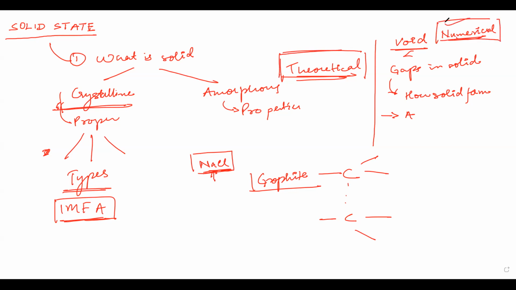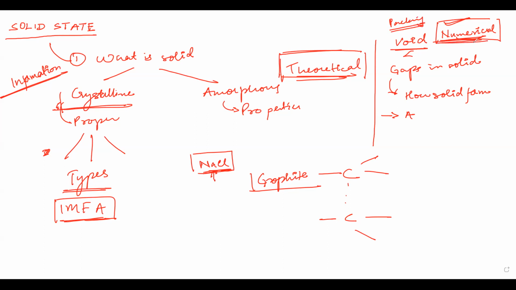I will deal with the numerical portion first because it has a lot of concept. The theoretical portion is information, like what is a solid, not very conceptual, maybe one or two concepts. But this void portion and the packing are very conceptual and require some kind of imagination.